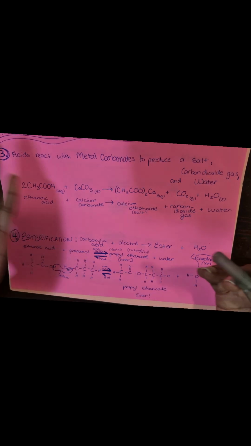And the final reaction for carboxylic acids is esterification, which brings us full circle to our reactions of alcohols and our reactions of carboxylic acids. When you mix the carboxylic acid with the alcohol, you get a new organic molecule, which is the ester, and water. If you add an alcohol and an acid together, the alcohol gives up its entire OH.